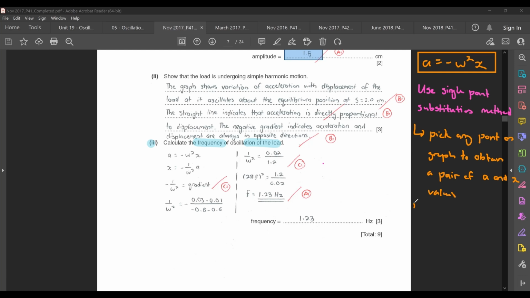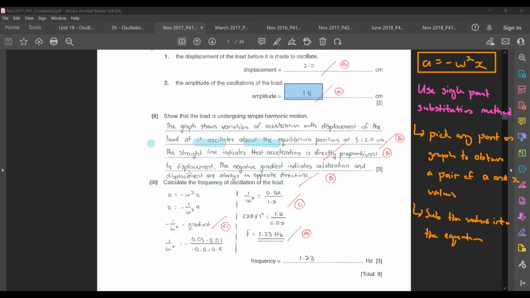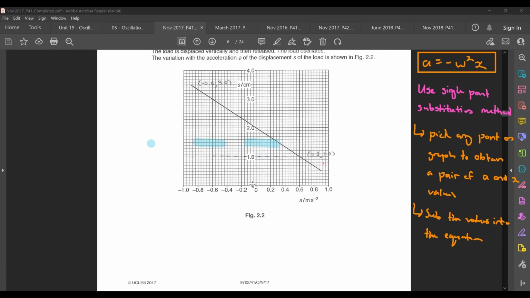Okay, then after that you sub the values into the equation. Okay, all right. So if you want to use single point substitution method, all you just need to do is you just take a point on the graph to get you a pair of A and X values. From there, you just sub out the values into your equation to find your answer.